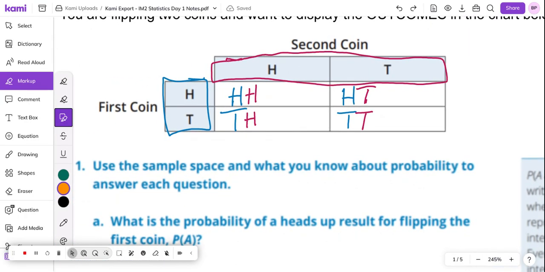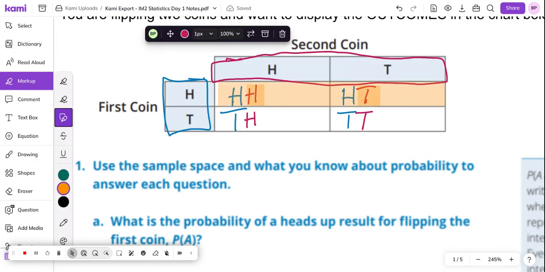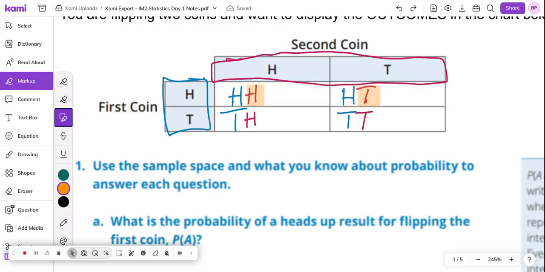When you flip the second coin, there's the possibility of heads as well, or you could flip tails. So these are the two possibilities after you flip the first coin and it lands on heads. You could go heads, heads, or heads and then tails.